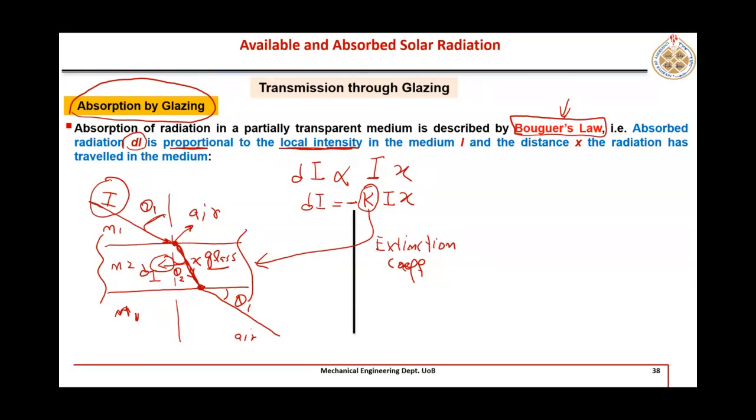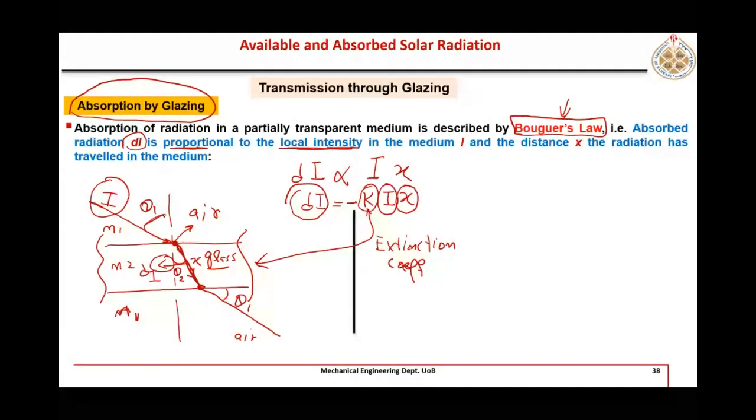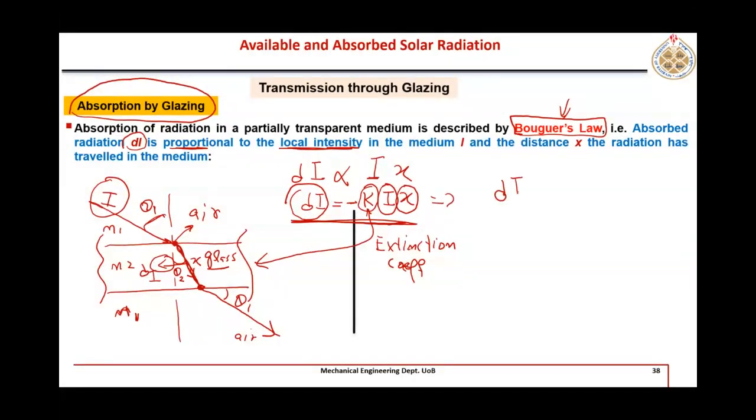Some will absorb more, some will absorb less, so that depends upon the material of construction, which is defined by this K. So this is the absorbed radiation that is directly proportional to the amount of incident radiation and the total distance which it will travel within that material. Now if we want to find out the total transmitted radiation after this absorption, we have to integrate this equation. So now I can write this equation as dI, which is absorbed, divided by total I, equal to minus k.